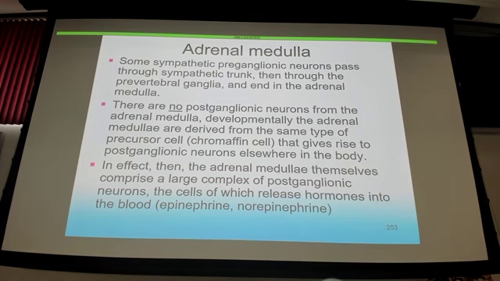And chromaffin cells are where epinephrine and norepinephrine come from. This is a direct tie-in, linking the fact that the nervous system and the endocrine system control homeostasis. So this is kind of an overlap, because you have nerves stimulating the adrenal medulla to release hormone. So that's a correlation there.